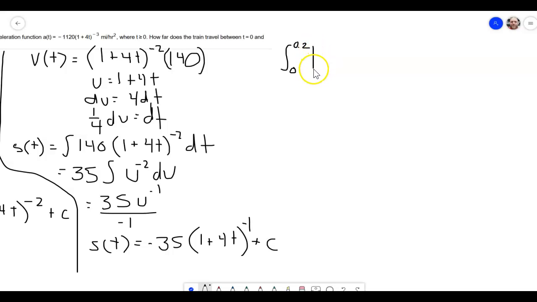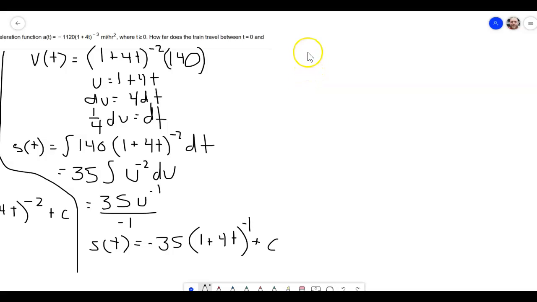So for the distance, we're going to use the absolute value. Oops, hold on just a moment here. Oh, plus C. I'm sorry, this is already the antiderivative. So we want to evaluate that from 0 to 0.2. I was kind of getting ahead of myself a little bit.